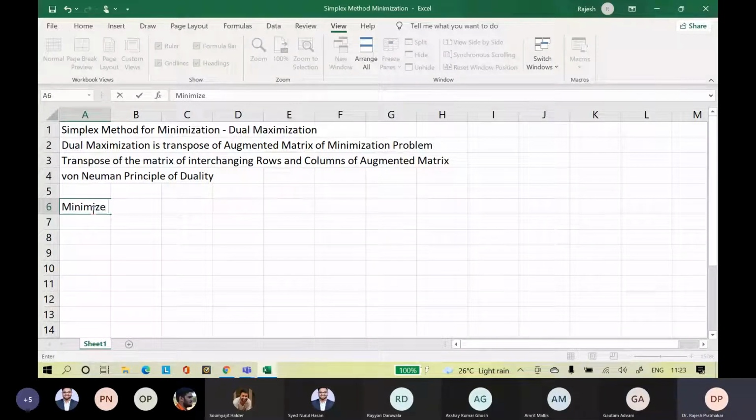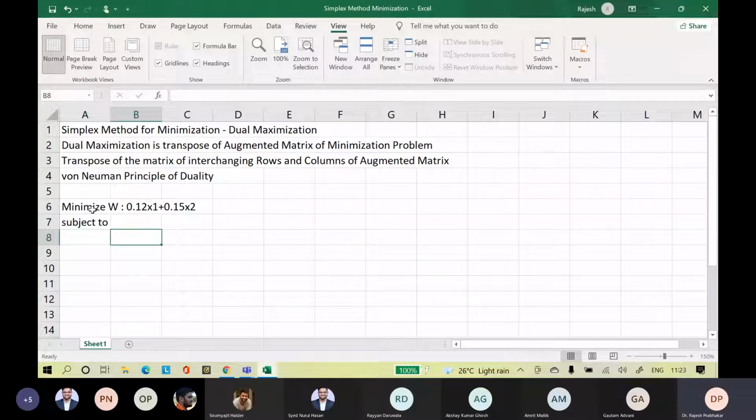Okay, so now let us say minimize W: 0.12 x1 plus 0.15 x2, subject to the constraints. x1 plus 60 x2 less than equal to 300.